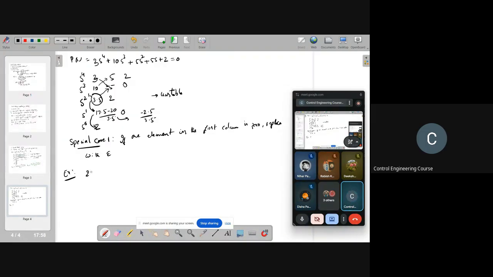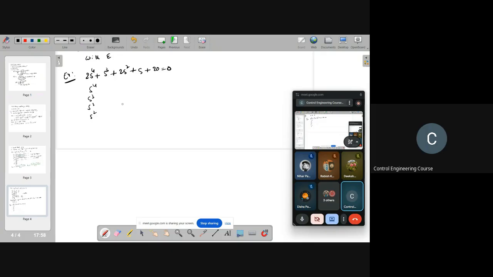Let's say, for example, you have a closed loop characteristic equation like this: 2s power 4 plus s cube plus 2s square plus s plus 20 equal to 0. Then your root array will be like this: s power 4, s cube, s square. So this will be 2, 1, 2, 1, 20.